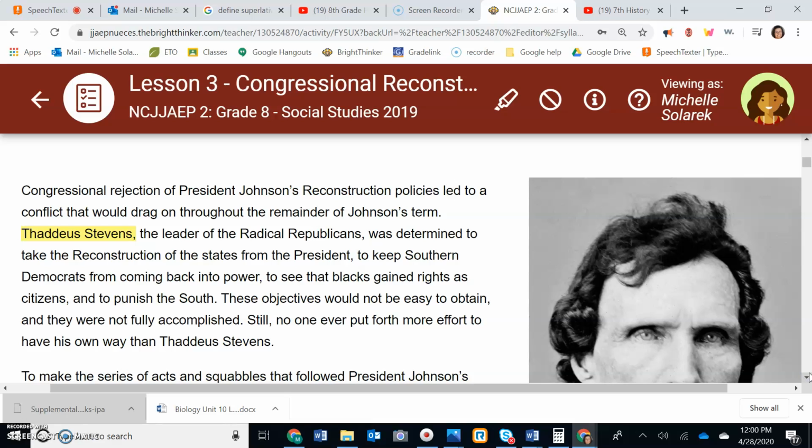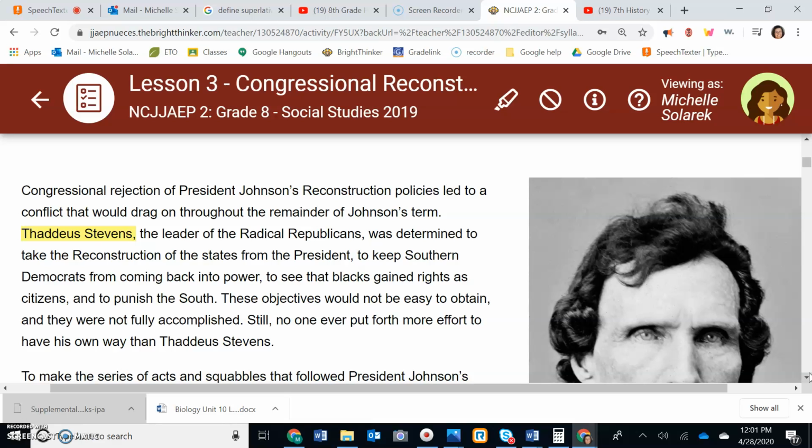So now let's take a look at what's going on here. President Johnson is reconstructing policies after the Civil War. So the North won, the South lost, and the North had radical Republicans. Radical Republicans believe that the slaves should be free and they should have rights like the white people, they should have jobs like the white people, and they should be treated better.